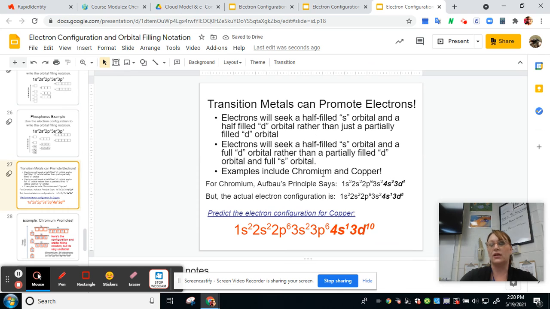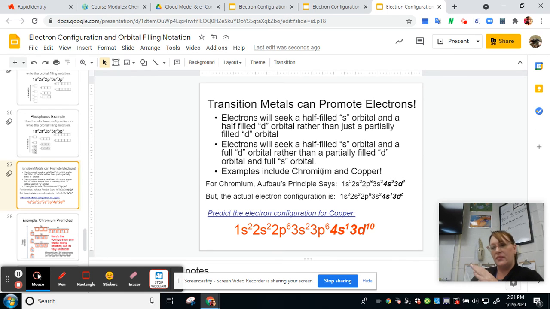Okay, a couple of little weird things. Transition metals have that weird overlapping thing that happens, right? Like when we get into 3d's and 4f's, there's all this overlapping of sublevels. And I kind of wanted to touch on what's going on there.